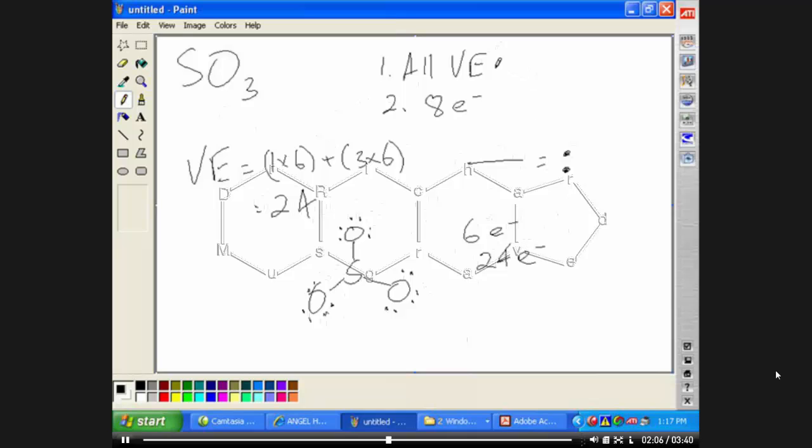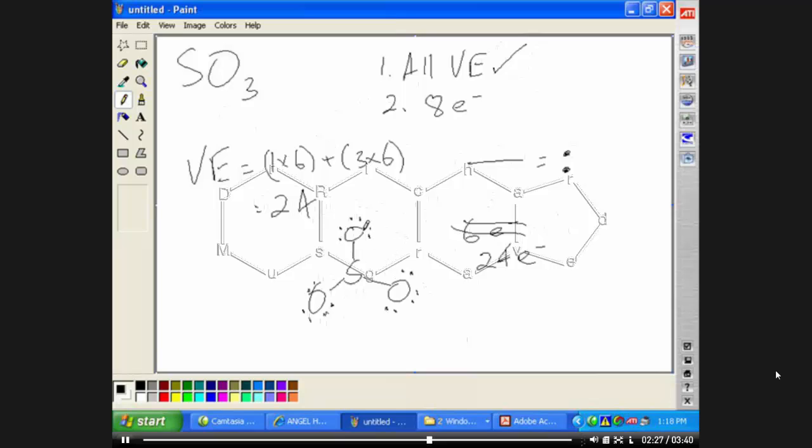So at this point, I've used all my valence electrons, and that's good. And you'll notice that you've got 1, 2, 3, 4, 5, sorry, 1, 2, 3, 4, 5, 6. And these two here, there's 2 electrons here, that's 8. So each of these now has 8 electrons around it.